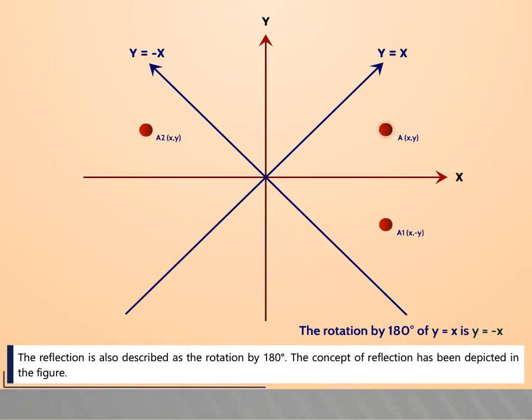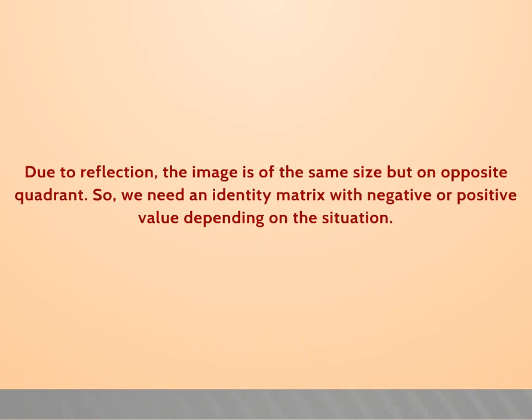Point A, when reflected about the y-axis, is displayed as A2, and A, when reflected about the x-axis, is displayed as A1. Due to reflection, the image is of the same size but in the opposite quadrant, so we need an identity matrix with negative or positive values depending on the situation.